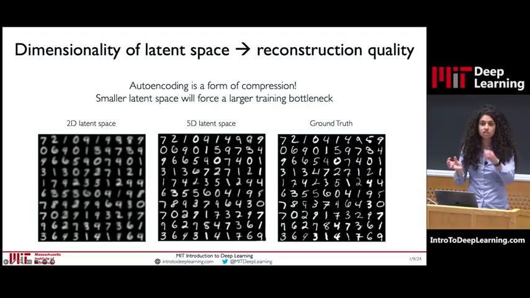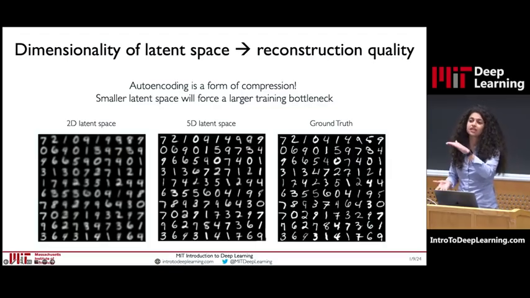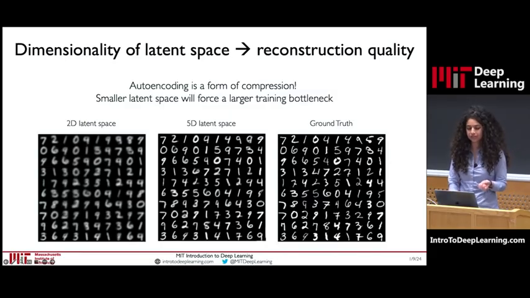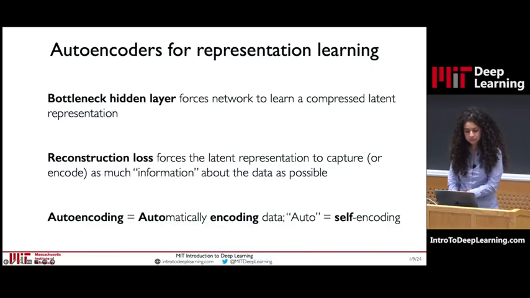You can imagine the smaller and smaller you go, you're forcing a larger memory bottleneck, which means that you're going to ensure more loss and your reconstructions are going to be poorer quality. And so there's a trade-off there in terms of how good of samples you can get out and how small you make that latent space.